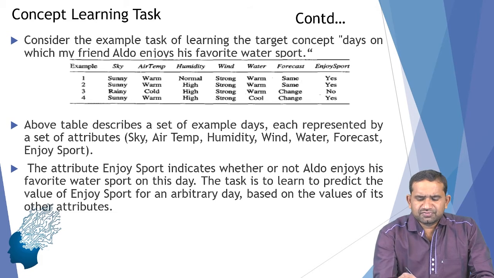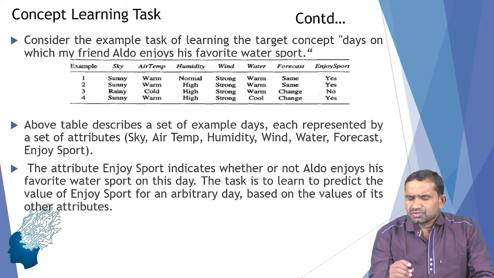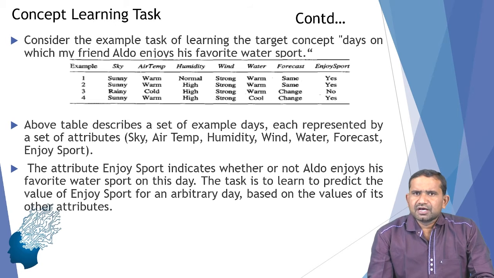There is no chance for Aldo to enjoy the water sports, because there is some abnormality in the weather conditions. So on the third day the answer is no, because the attribute values changed.